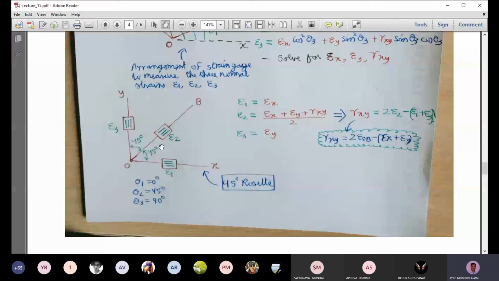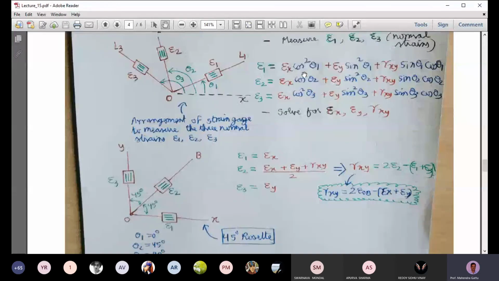So we can apply those three equations. Epsilon 1 is epsilon x cos square theta 1 plus epsilon y sin square theta 1 plus gamma xy sin theta 1 cos theta 1. For the first strain gauge, theta 1 is 0, so cos square theta 1 is 1, sin square theta 1 is 0, and sin theta 1 is 0. We are left with only epsilon x, so we are directly measuring the strain in the x direction.